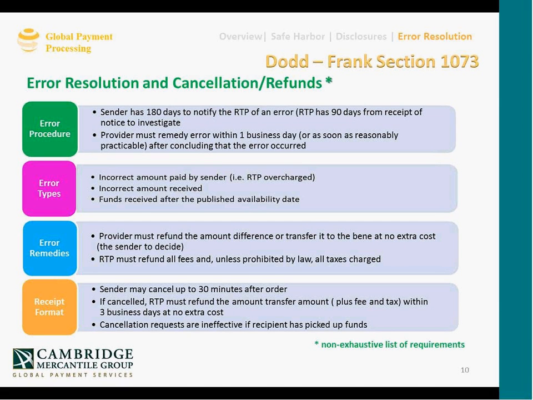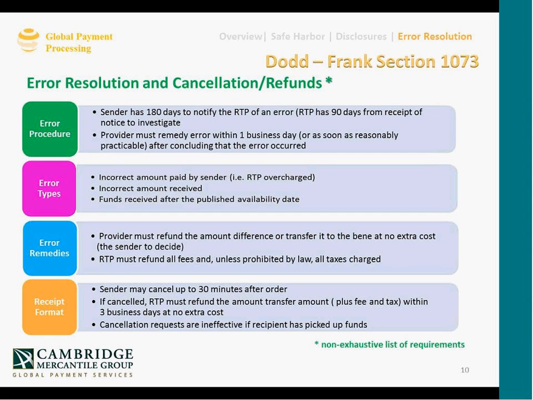You must do so within 3 business days at no extra cost to the consumer. Cancellation requests are ineffective if the recipient has picked up the funds. So for some reason that payment's gone out and they tried to cancel it. Now, I don't know any institution that is releasing funds prior to the 30-minute window expiring. We certainly are not. All right?